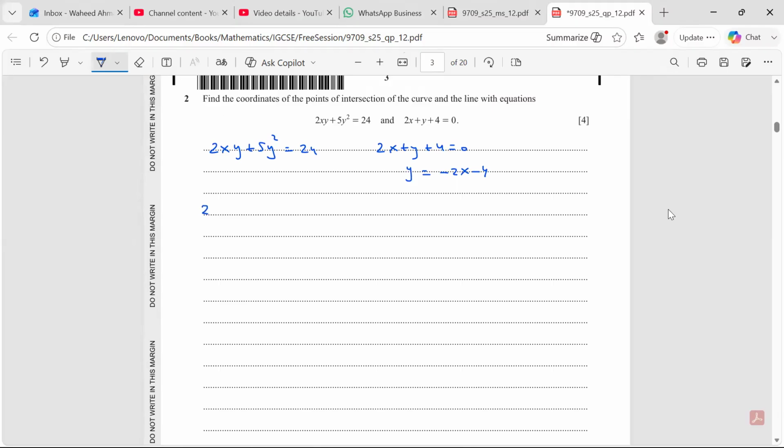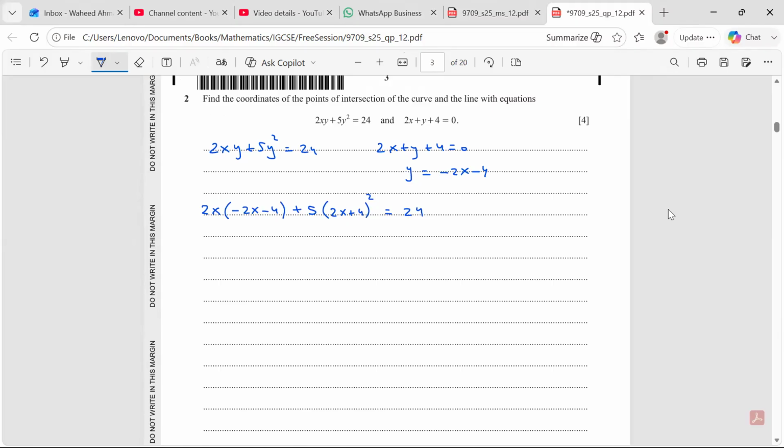So this is going to be 2x into y, which is minus 2x minus 4, plus 5 into y squared. So y squared, now I don't have to put the negative, so it becomes 2x plus 4, because when I make the square, the negative will become positive, equals 24.